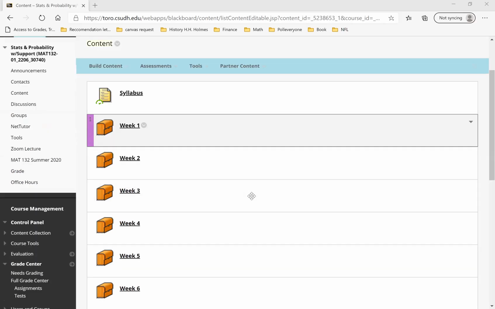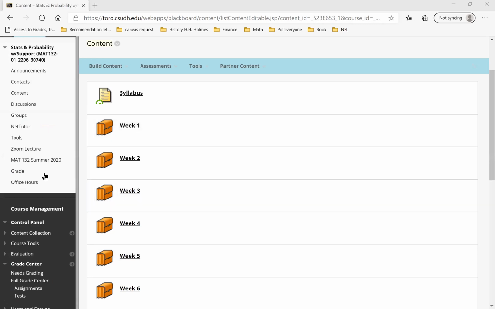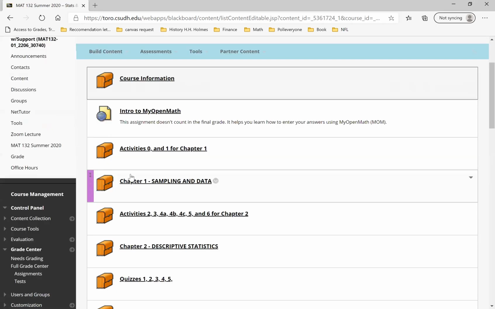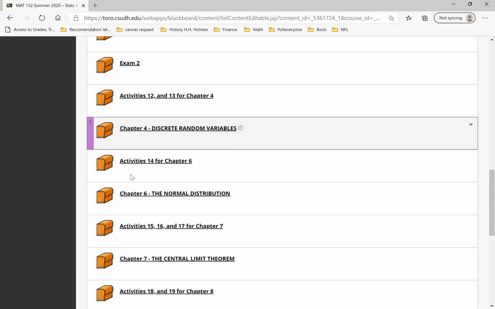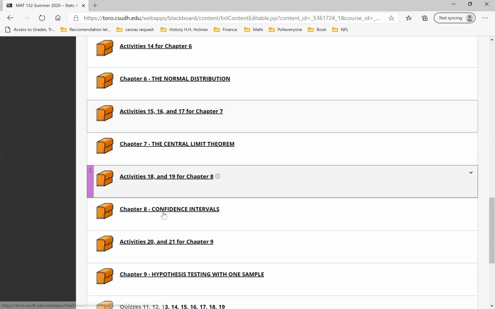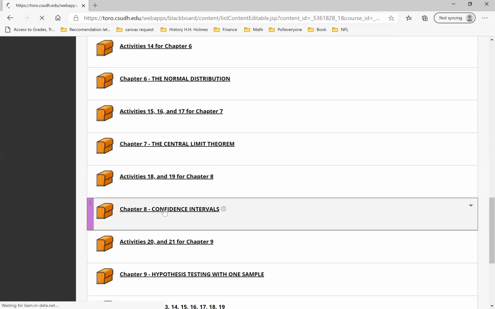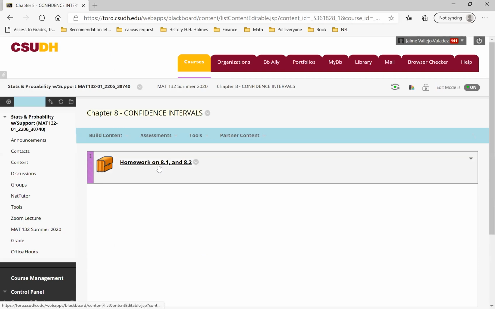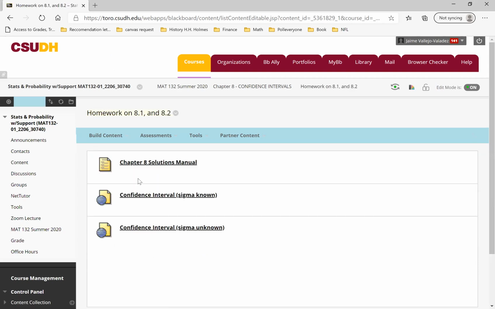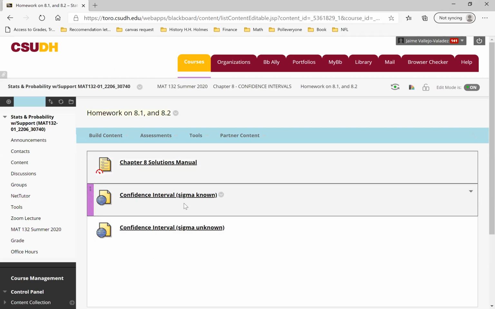All right. So for today's lecture homework, all you have to do, you go to Math 132, Summer 2020. You want to go where it says confidence interval. So chapter 8, confidence interval. You click right here. All right, so this was yesterday's homework, confidence interval sigma unknown. And remember, this is what you're going to get quizzed on today.